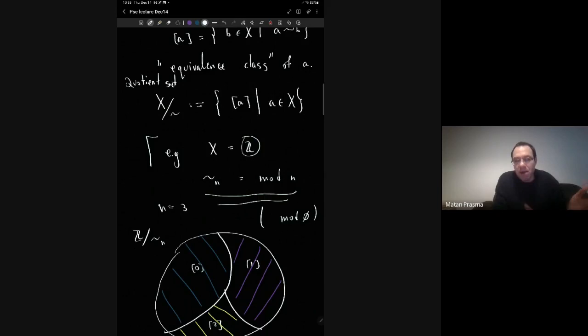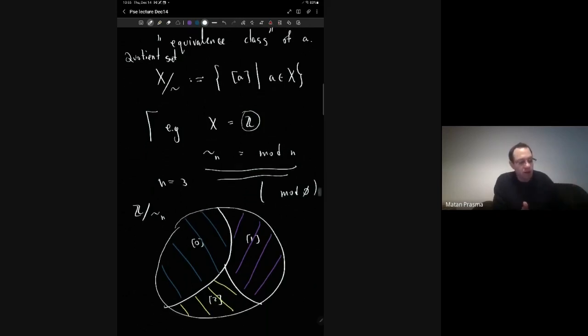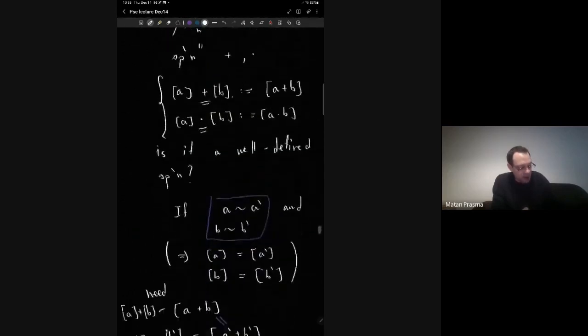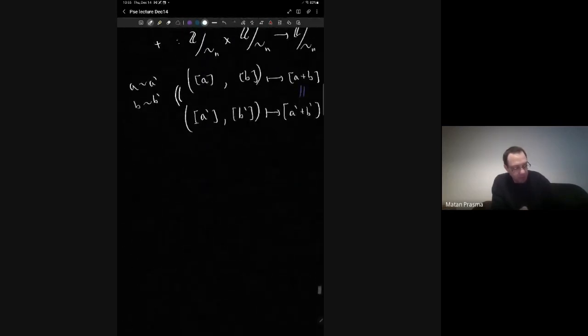There is no reason. I can cook up a very easy example in which I simply identify a bunch of elements in Z. Let's say you could define, let's say, a non-example.